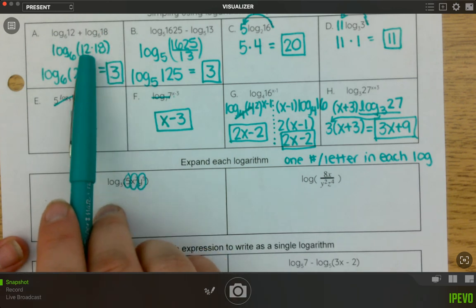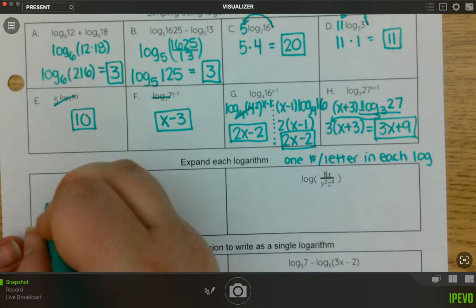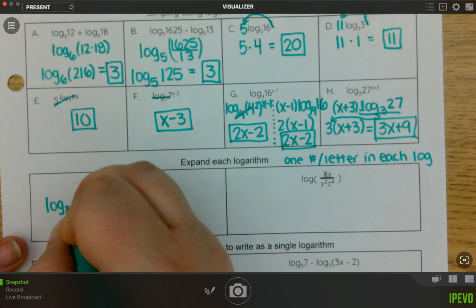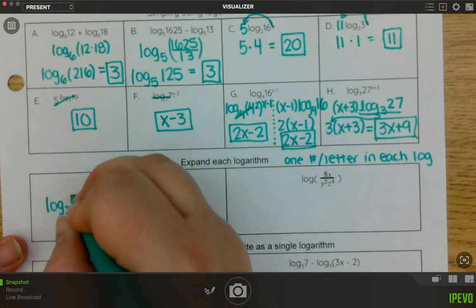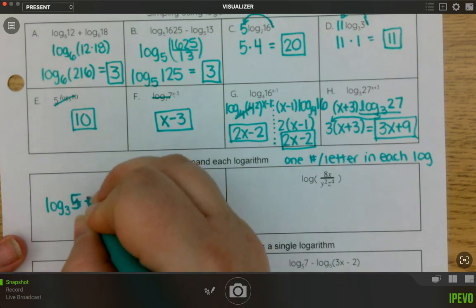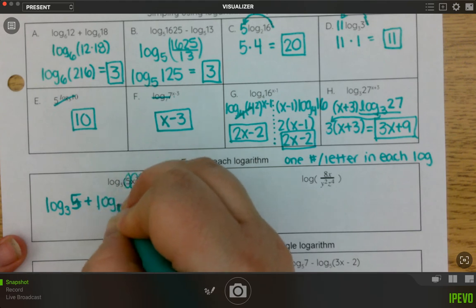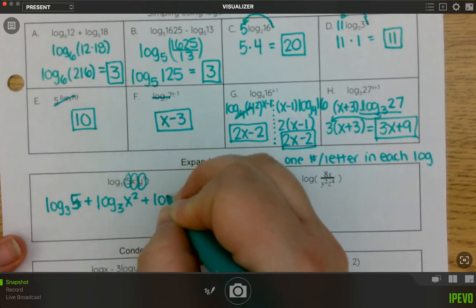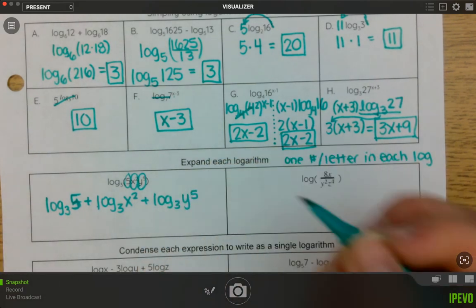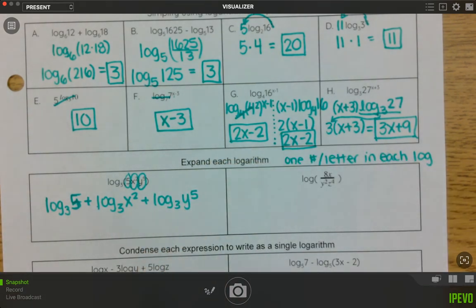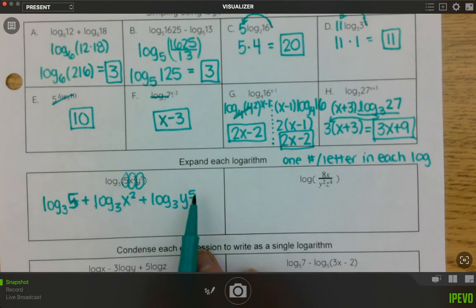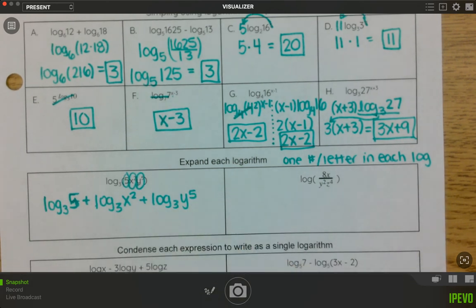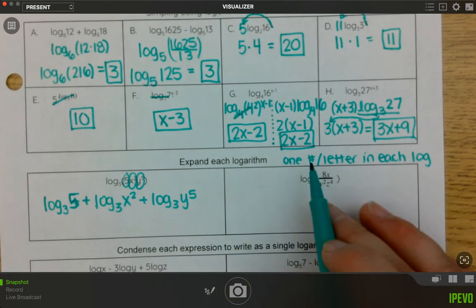So I'm going to add log base 3 of 5 plus log base 3 of x squared plus log base 3 of y to the 5th. So I'm just separating them all out. That's what it means to expand. Now, I said you can only have one number or letter.